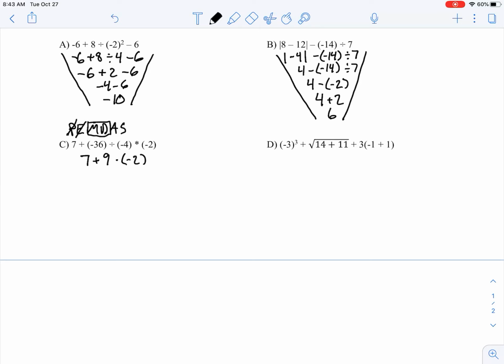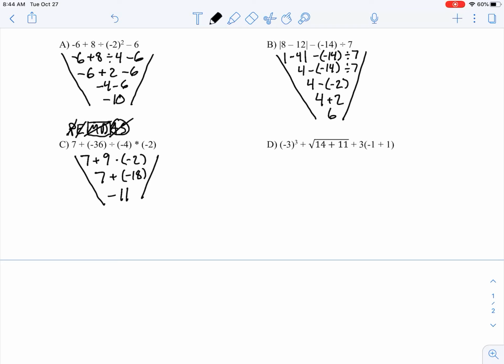Well, we divided first because it came first, so now we have to multiply, so 7 plus 9 times negative 2 is negative 18, which will get us in the end. So I've taken care of multiplication and division, and next I have addition and subtraction. Well, I have an add that I have to do here. And this is going to give me negative 11, and I've taken care of everything now. And once again, we've funneled it down to one numerical value.